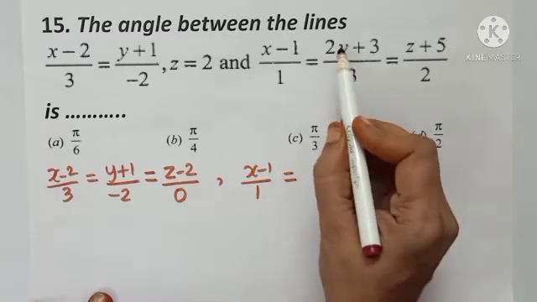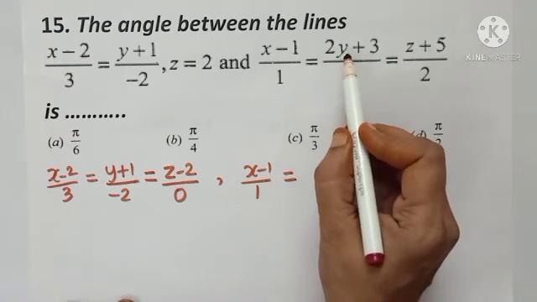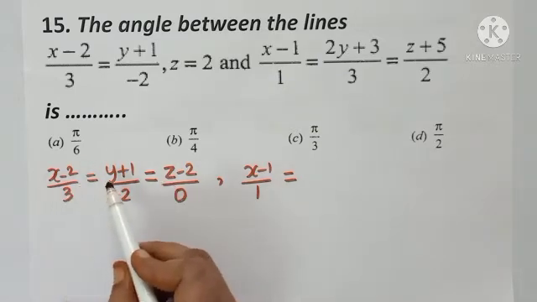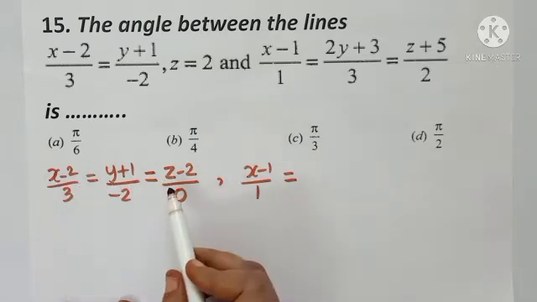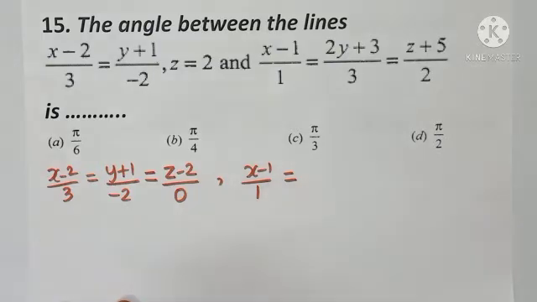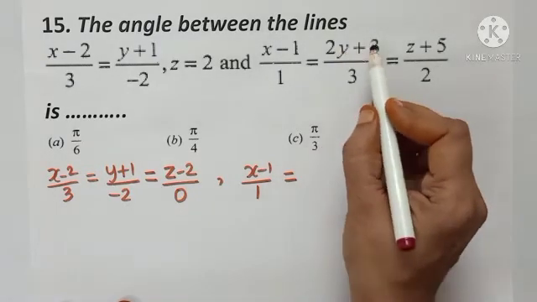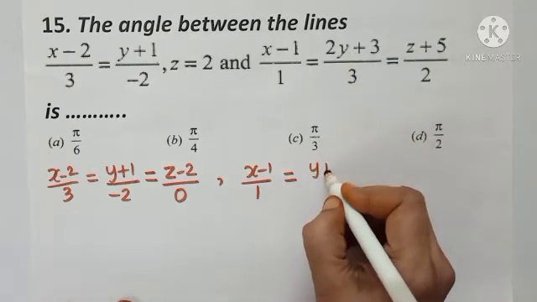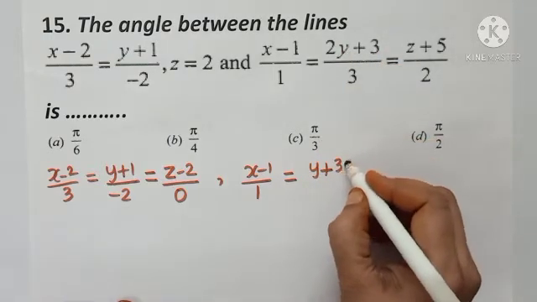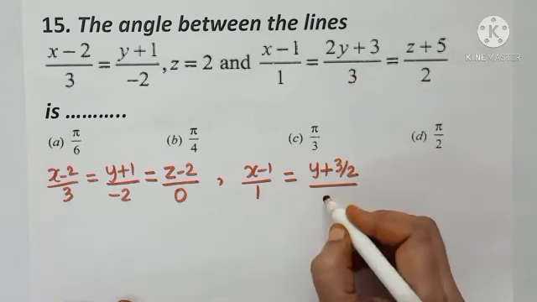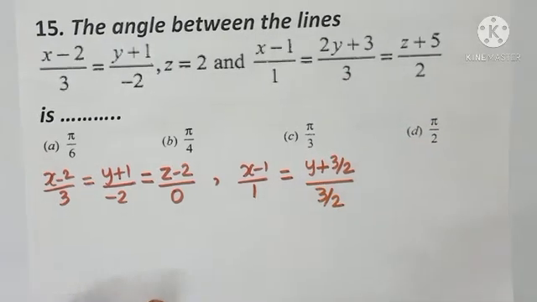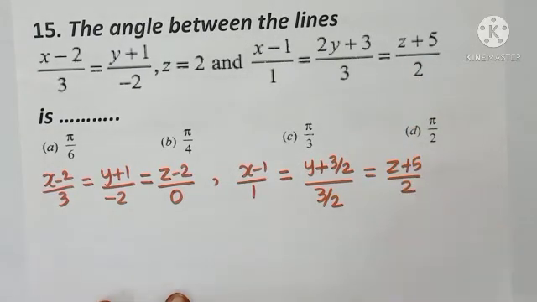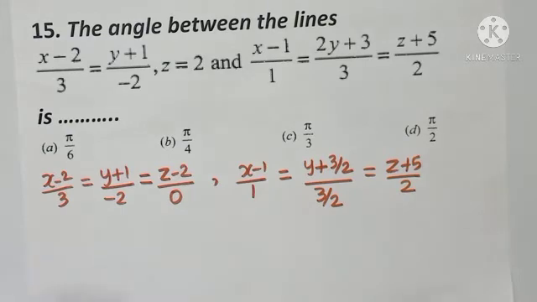Can I have 2 near y? No, that is wrong. We need to have x, y, z to have unit coefficient. I shall not have 2y, 3z like that. If so, divide the entire set by 2. So I get y plus 3 by 2. Denominator 3 also becomes 3 by 2. And the third term I have z plus 5 by 2. Now it is in the proper format.